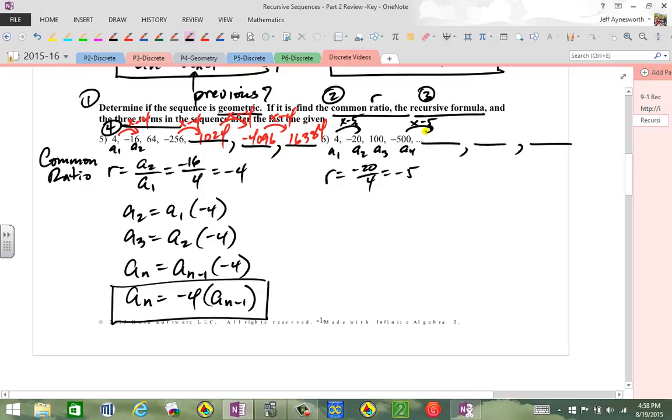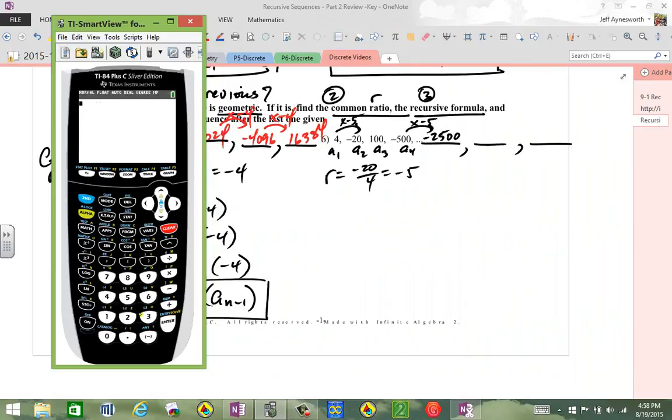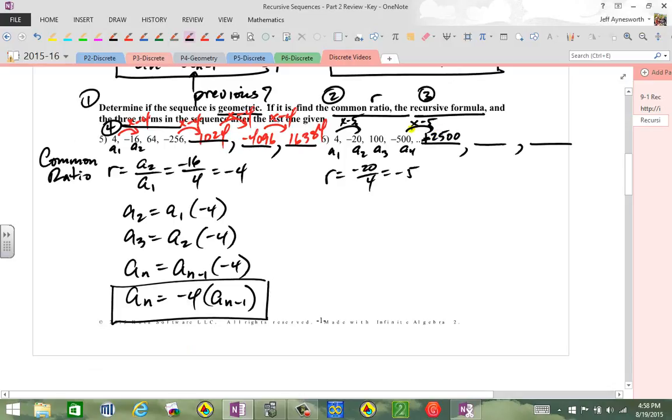Negative 5 times negative 500 is positive 2,500. Let me just do this on the calculator here so you can see it. So negative 5 times negative 500, positive, because negative times a negative is a positive. Then when you multiply by a negative again, you get a negative number, so it's going to be negative something.